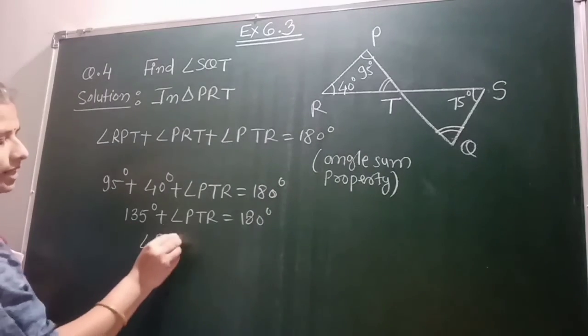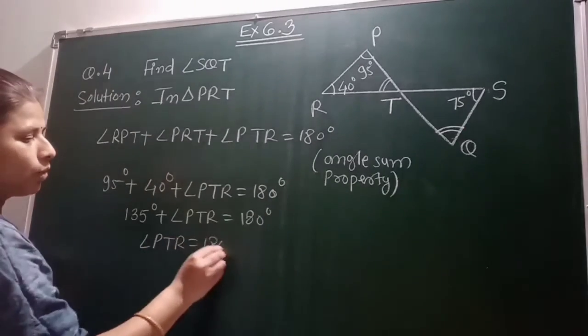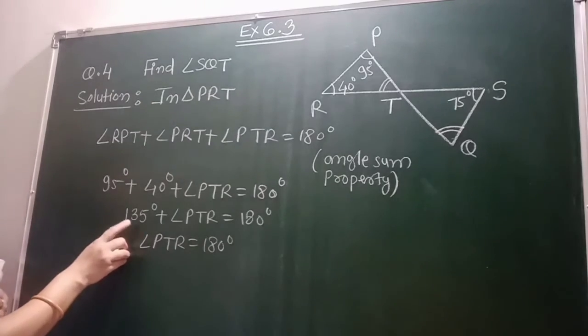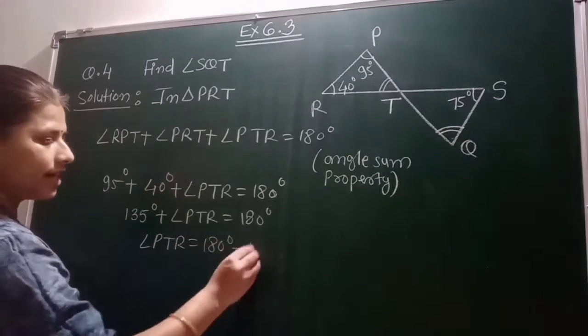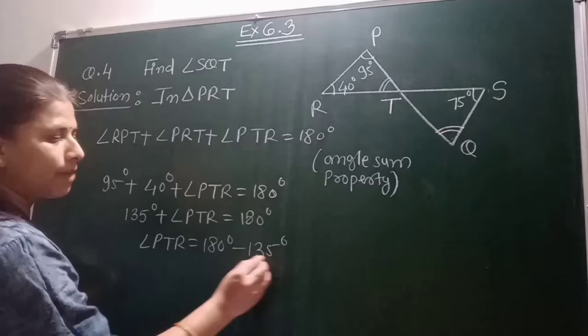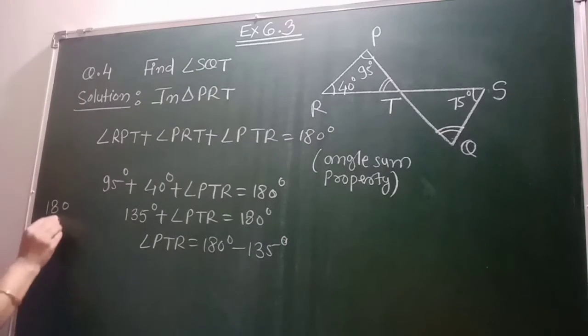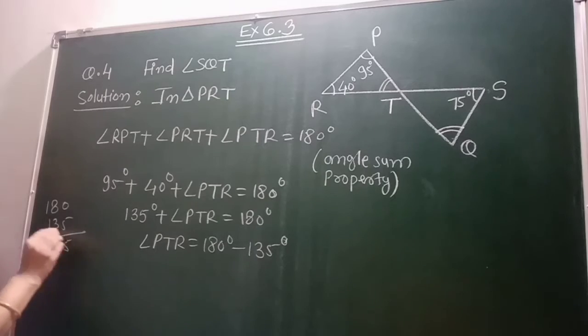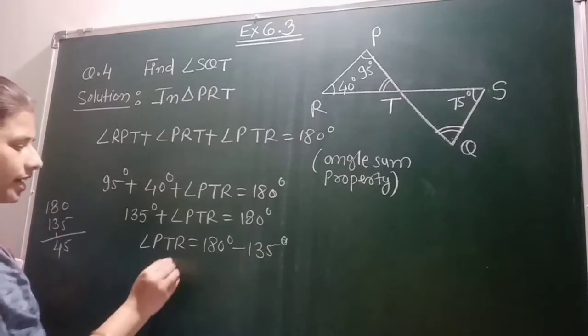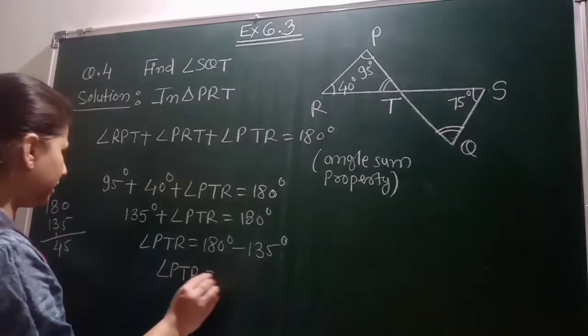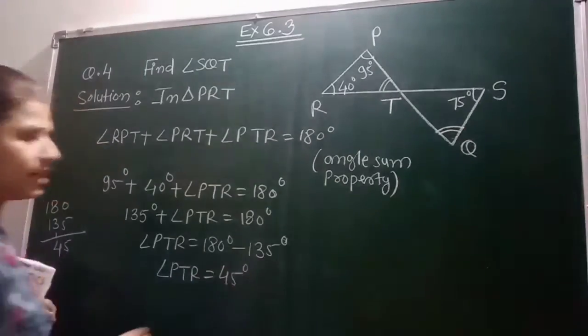Then angle PTR equals 180 degrees, shifting this 135 from the left hand side to the right hand side, the sign will change, minus 135 degrees. And what will be the subtraction, student? Angle PTR equals 45 degrees.